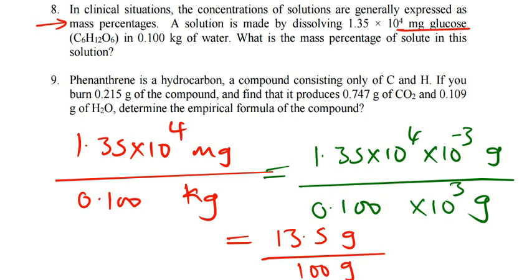Multiplying by 100, the 100 cancels, so we end up with 13.5%. That's how you handle question 8.